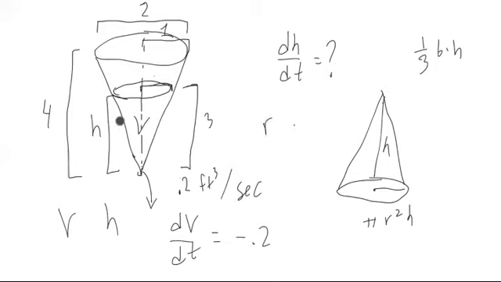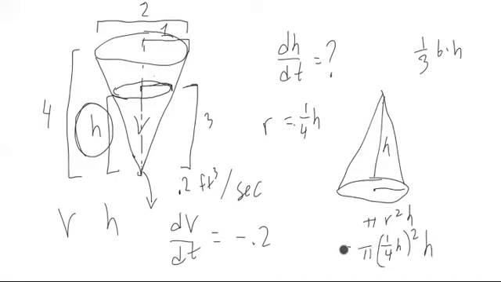If the height is H, remember, don't use 3 because we need to keep things variable, so the radius is 1/4 of H. We write 1/4 of H, but then we square it because that's r squared times pi. So we have an equation relating V and H.